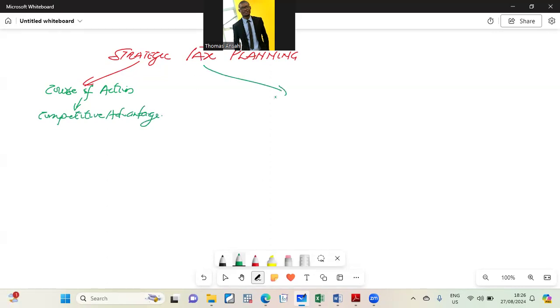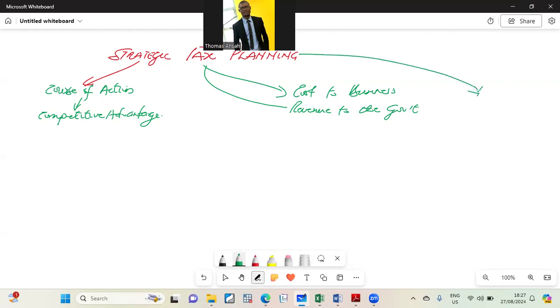Now, what is tax? Tax is a cost to business because it forms part of the expenses of every business. Again, tax, though it is a cost to business, is a revenue to the government. So that is the issue. That is the contrasting issue that we need to deal with. Now, what is planning?